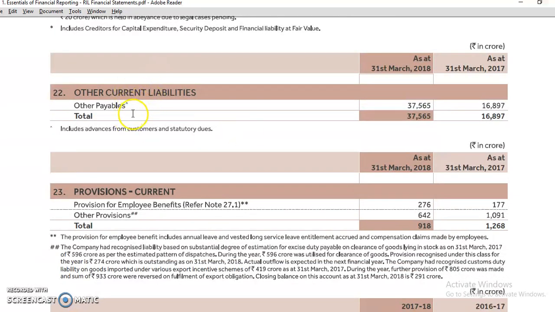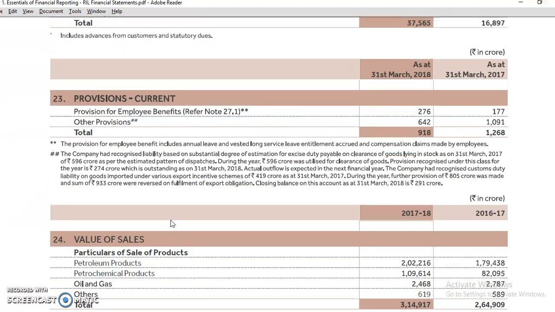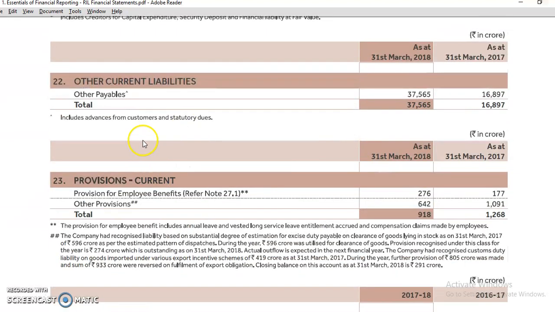The next line is other current liabilities and provisions for employee benefits and other provisions. There are not really a lot of details available in the financial statements, because companies are not required to disclose too much detail.